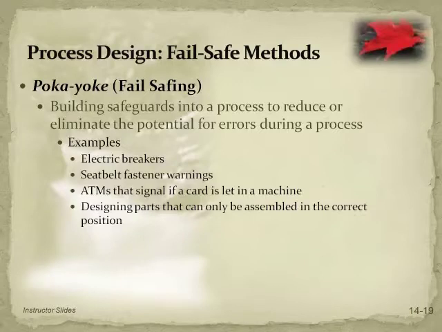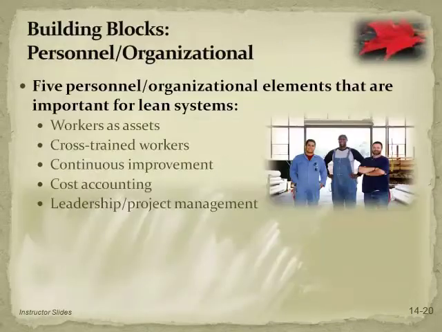The design has got to support this, but if we can do things in such a way that there's only one way things can be assembled, and it cannot be assembled any other way, then that reduces the possibility of someone even making a mistake in manufacturing.